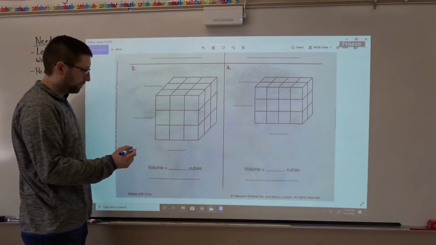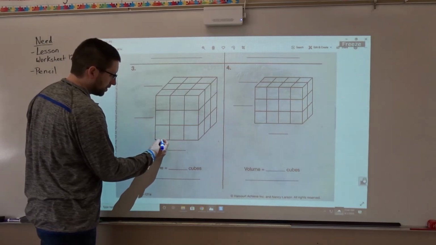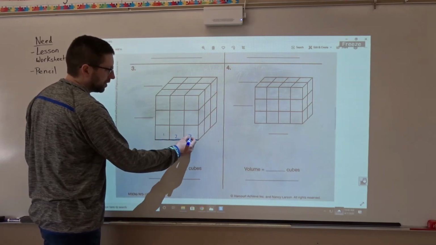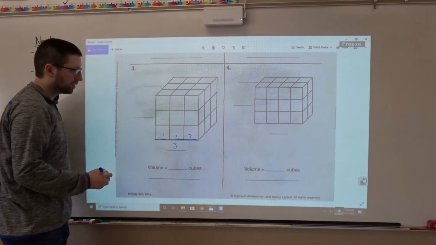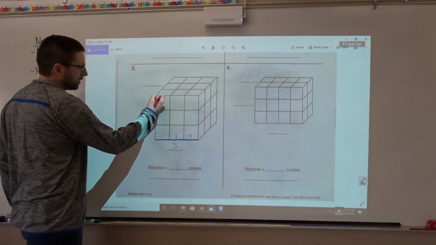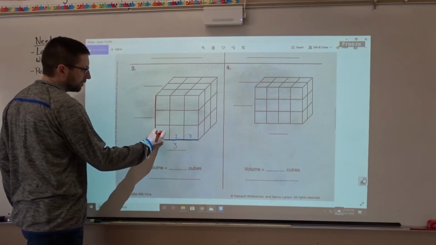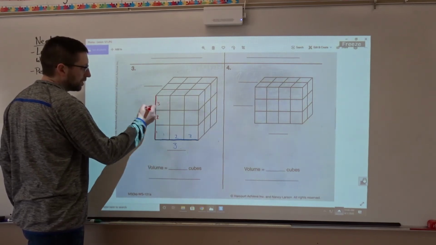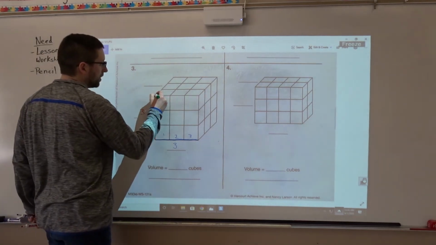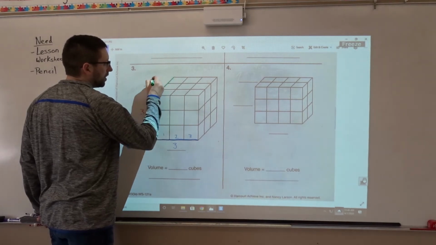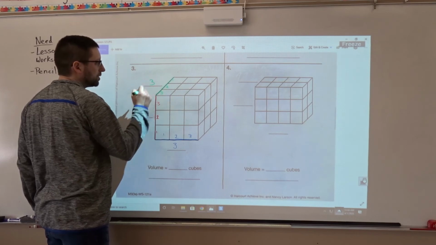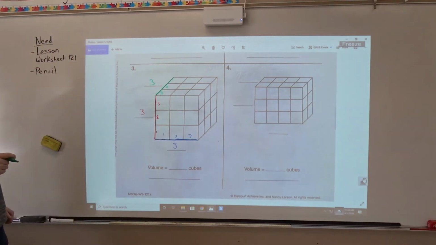Let's try number 3. So I need to know my length. My length is 1, 2, 3 cubes. Okay. I need to know my height. My height is 1, 2, 3 cubes. And I need to know my width. And my width is 1, 2, 3 cubes. Okay?